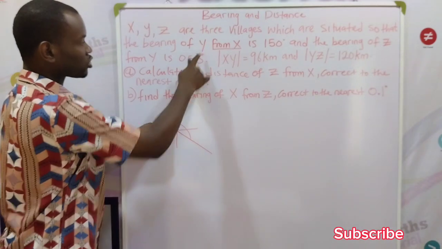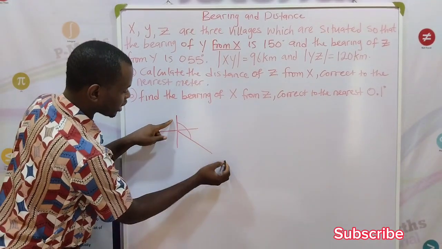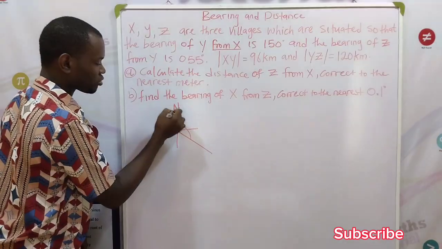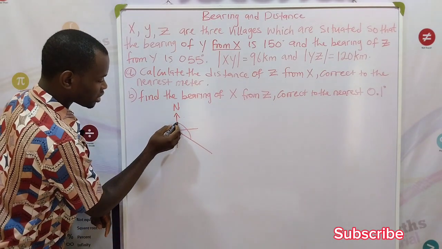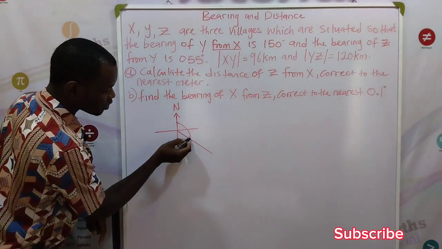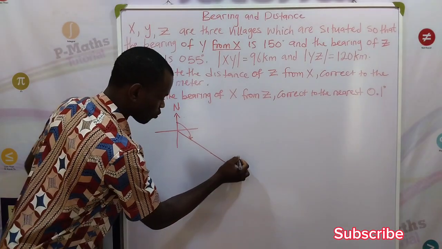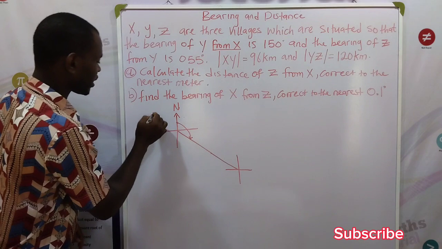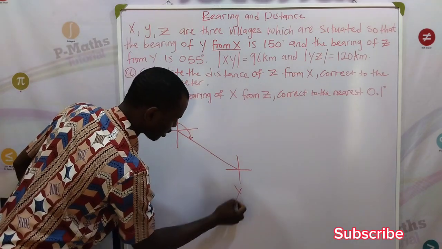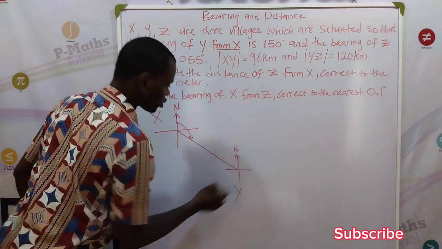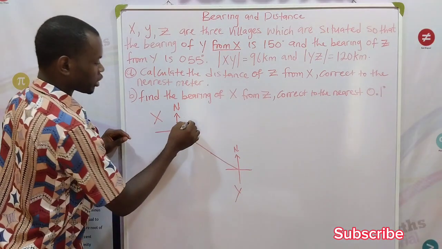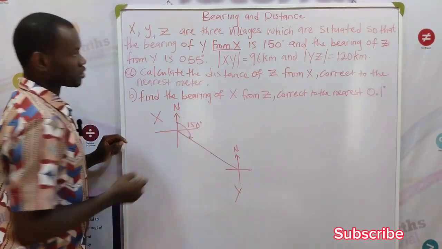To go to the position Y, we must move on this line because every movement has to start from the north pole. So we start moving from here, turn 150 degrees before we start moving down to the position of Y. So this is my X and this has to be my Y. This is the north pole. So here is 150 degrees.